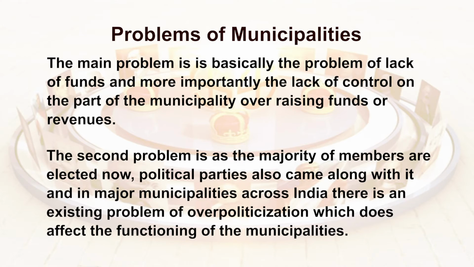As you can very well see from the experience of the Kolkata Municipal Corporation, oftentimes the non-elected member, the government official who works as the commissioner of the municipality, runs the entire municipality, while the popularly elected house is locked in some political battle or some kind of political problem.